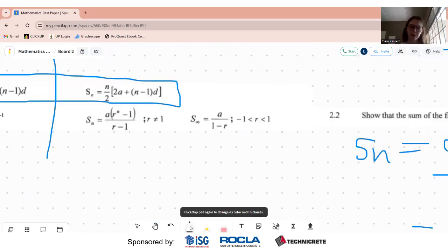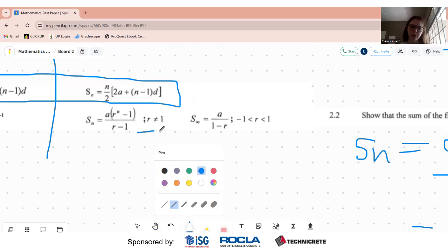Both of these formulas have these restrictions about R. Sometimes they can ask you questions about, for which values of R will the series not converge? And then you will just have to solve an inequality like that. But in our case, our R is 0.9. So do you see it meets the restriction, so we can calculate the sum to infinity.